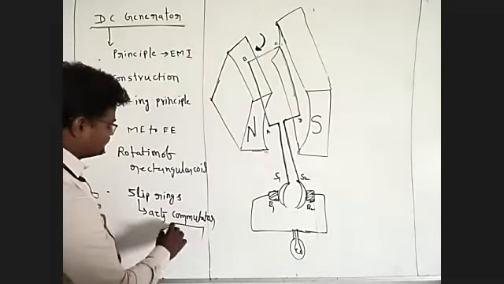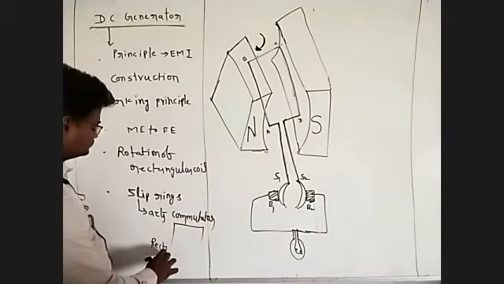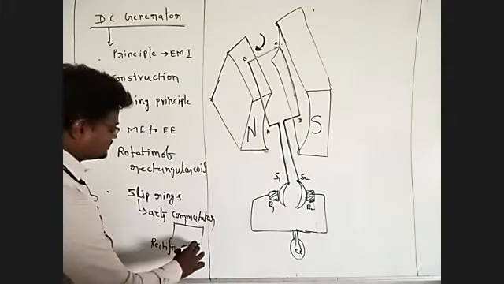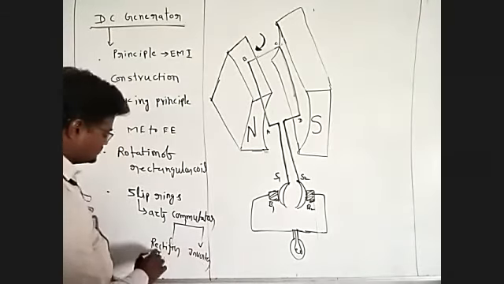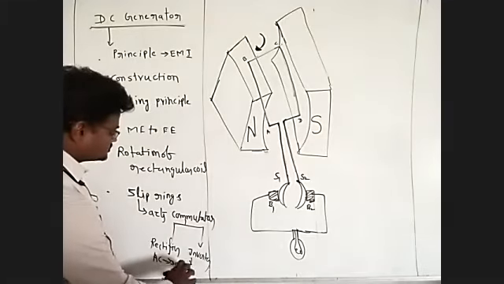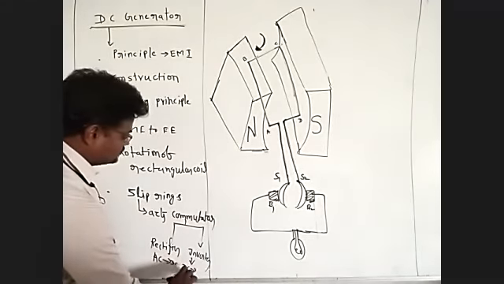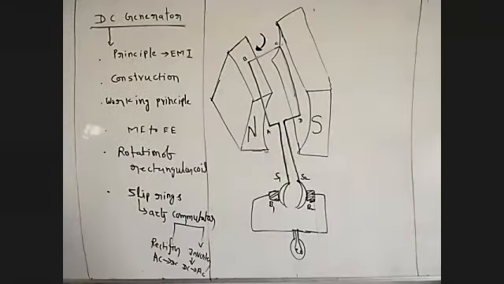Commutator means one acts as a rectifier and one as an inverter. Rectifier converts AC to DC. Inverter converts DC to AC.